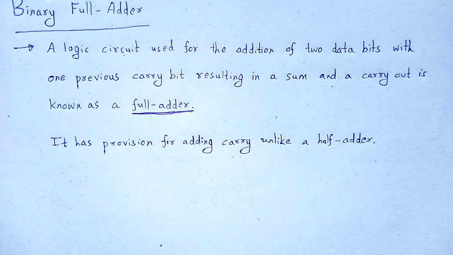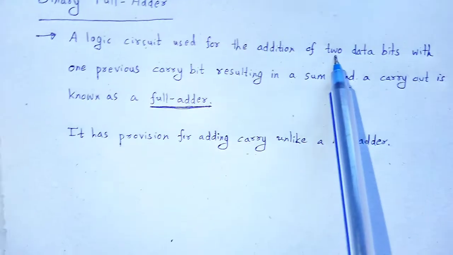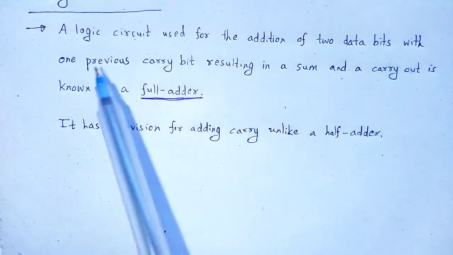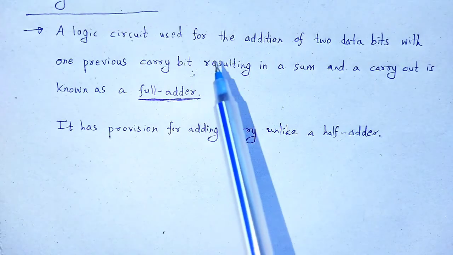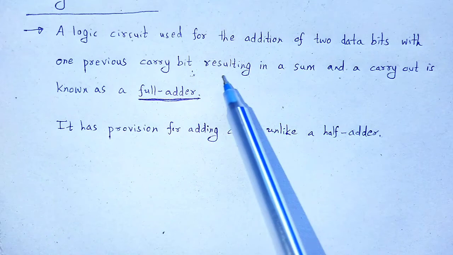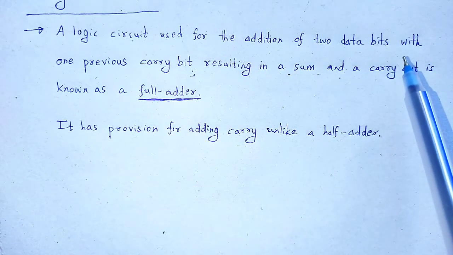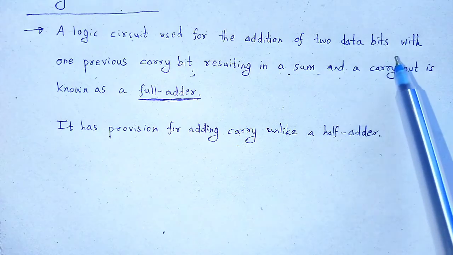As it indicates, it performs addition of 2 data bits with one previous carry bit, meaning in the input section we have 3 inputs, and the result is a sum and a carry out, meaning in the output section we have sum and carry.